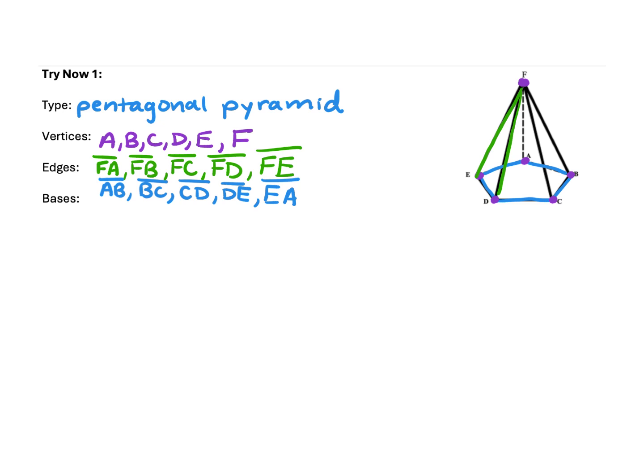So in total, there are 10 edges. This is a pyramid again, which means it only has one base, and we name the base by the polygon and then the names of the vertices. This is a pentagon base, so we name it as a pentagon, and then I use the vertices A, B, C, D, E.